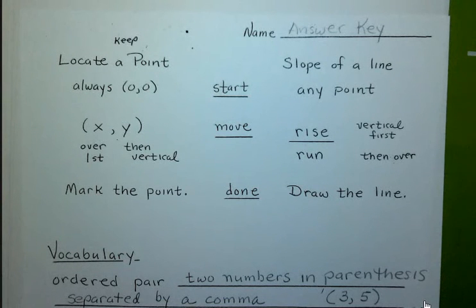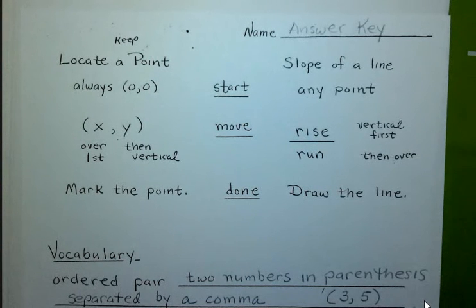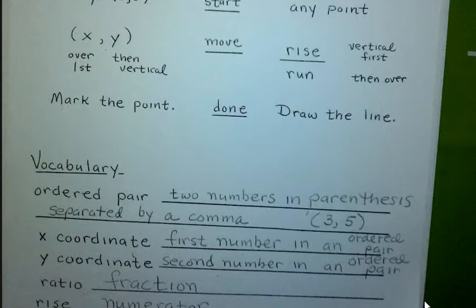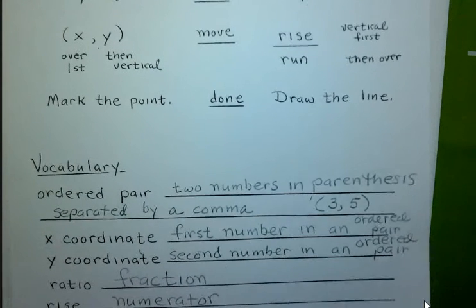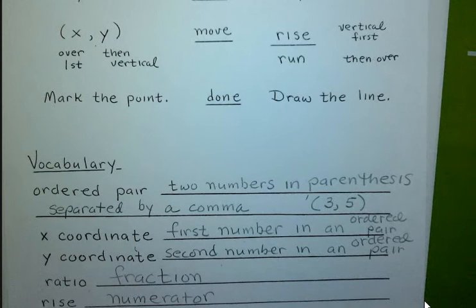You are looking at the handout that I've labeled Slope H2. And you have one of these, and I'm going to help you fill in the correct answers so this becomes a good study sheet. When we're talking about ordered pairs, we're really talking about two numbers in parentheses separated by a comma. So this is an example of an ordered pair.